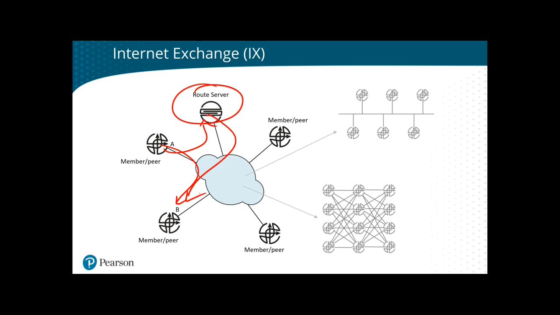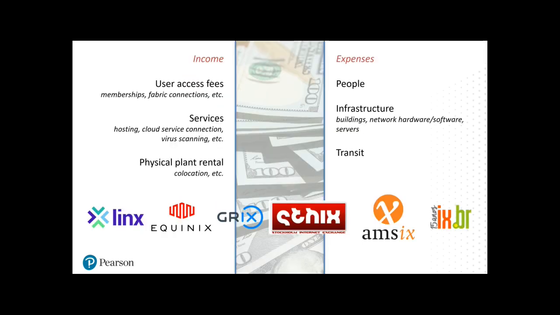So let's see, Internet exchanges like Lynx and Equinix and Grix and Stockholm Internet Exchange, and this is not all of them, but this is a few of them I found on the internet, or companies that I've worked with and around a bit. They have the usual costs, things like people.